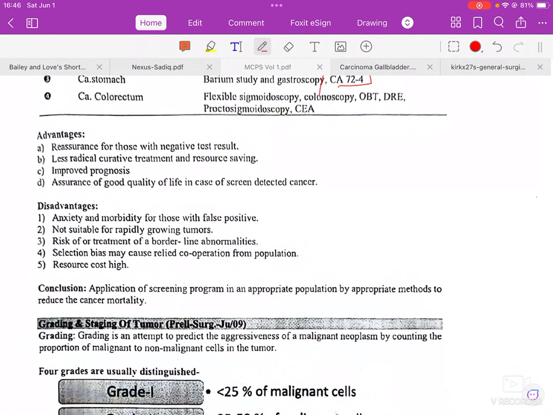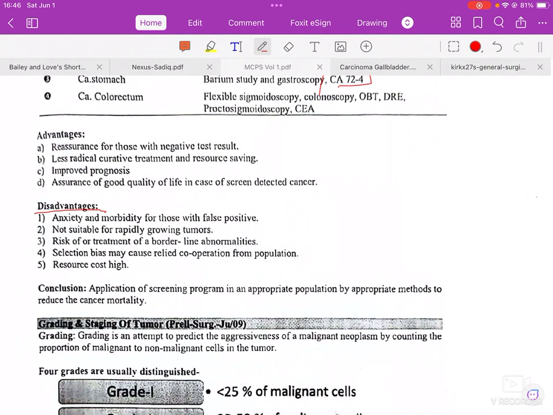Now come to the disadvantages: anxiety and morbidity for those who are false positive, because if we do this test, there are some results which may be false positive. This false positive will take away the nice quality of his life, because of anxiety and morbidity.